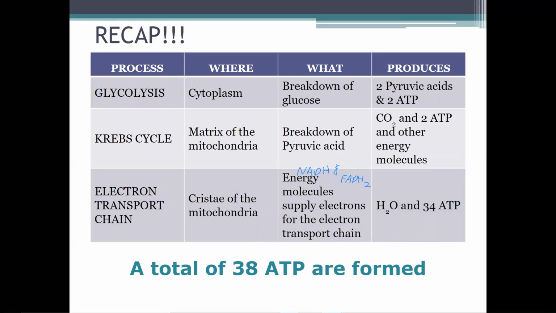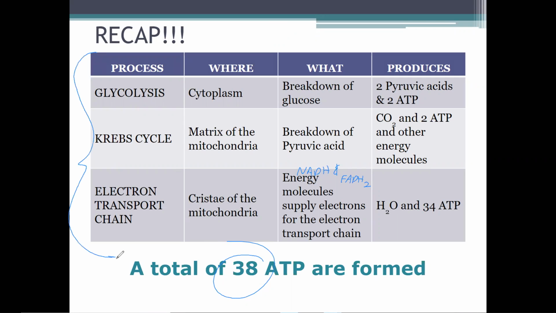The other thing you need to know is that overall, we are producing 38 ATP as a result of aerobic cellular respiration, because only aerobic cellular respiration is going to do all 3 of these.